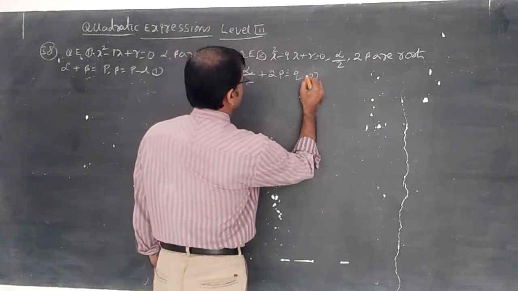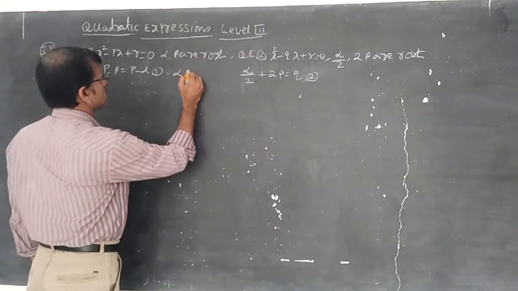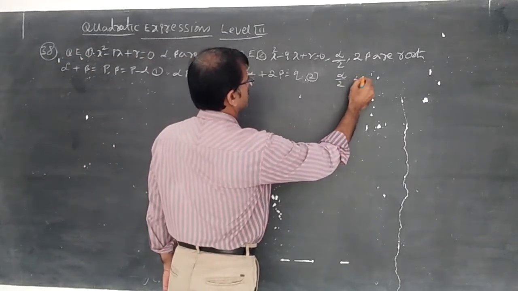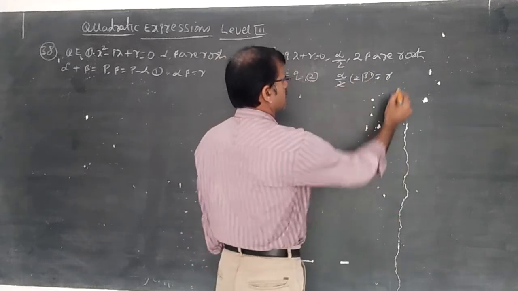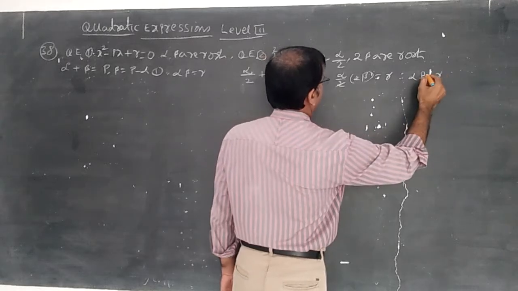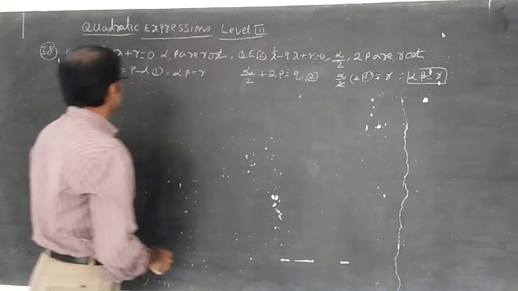Let it be the second equation. The product of roots here and here is r only. Here alpha by 2 into 2 beta becomes alpha beta is equal to r. So we should calculate the alpha beta value. The value of r we need to calculate.